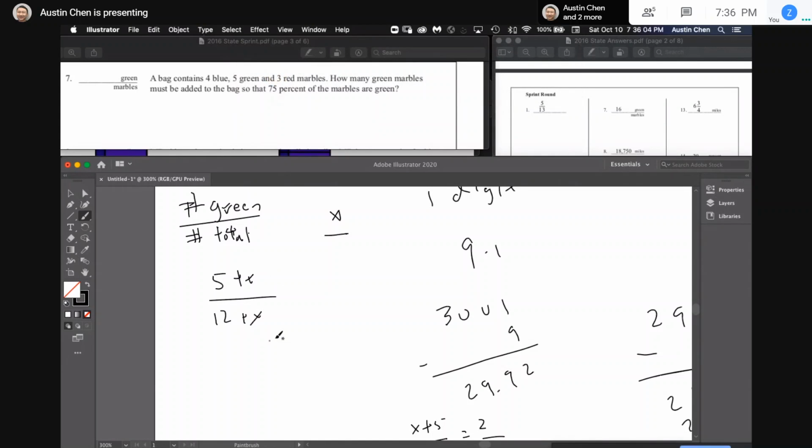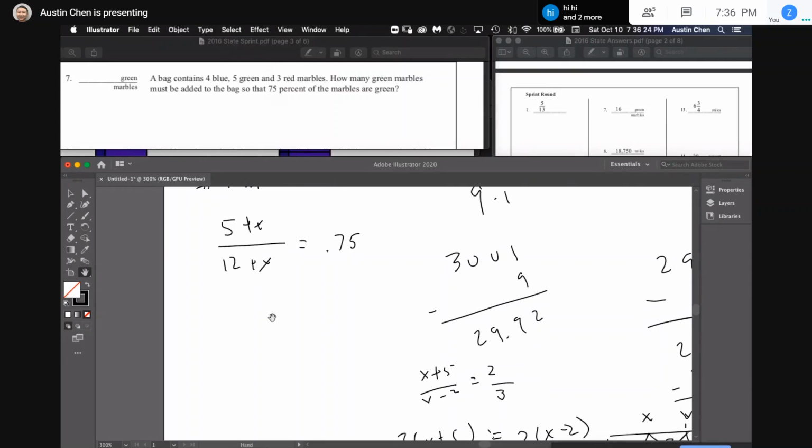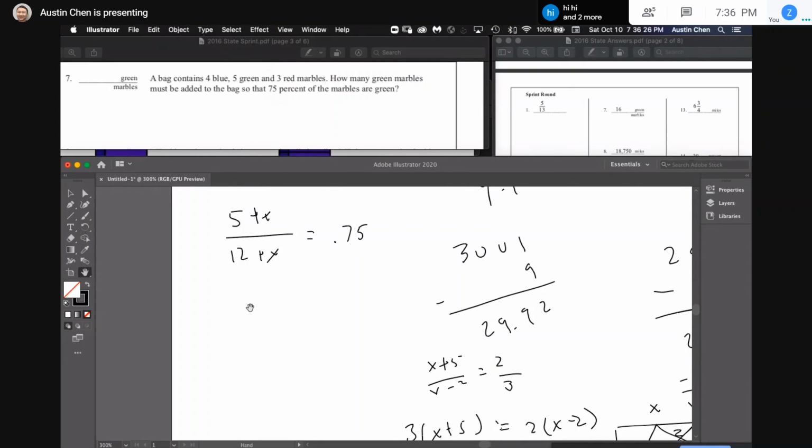This ratio, times 100, is the percentage of our marbles that are green, so it's going to equal 0.75, because we want 75% of our marbles green.